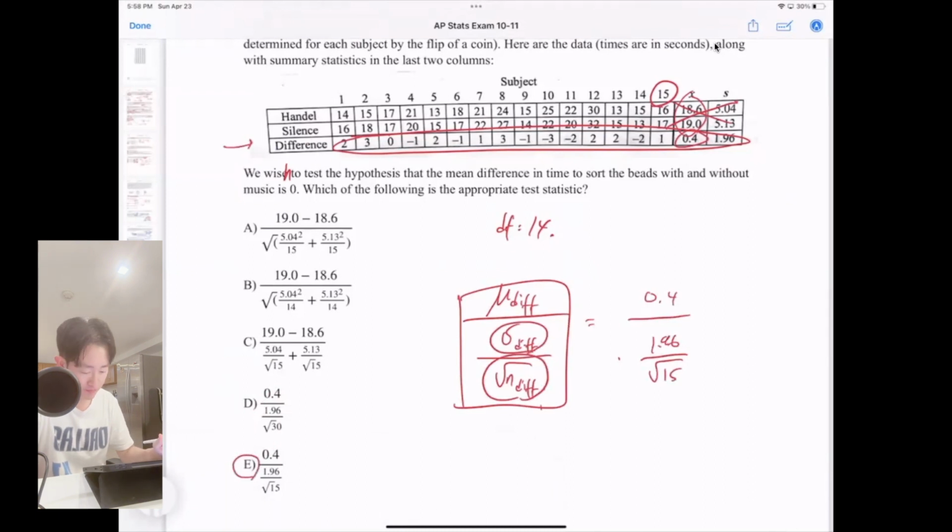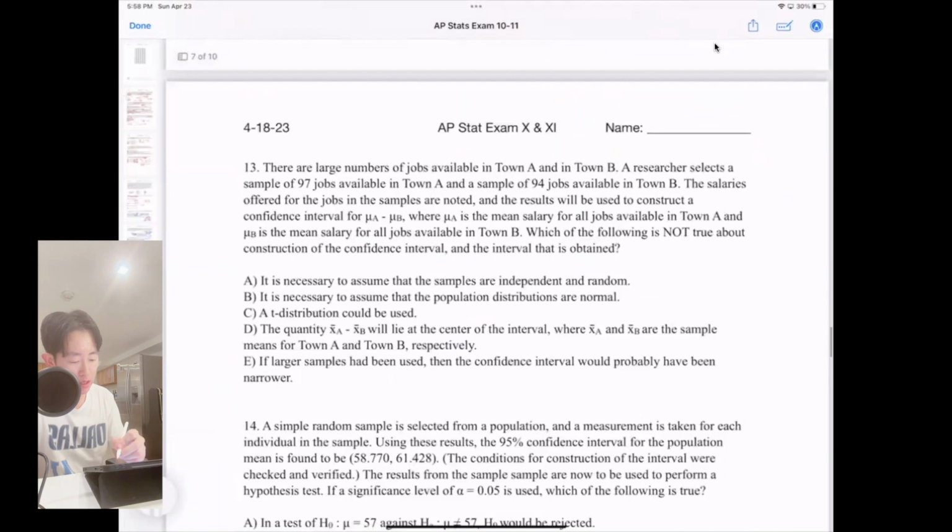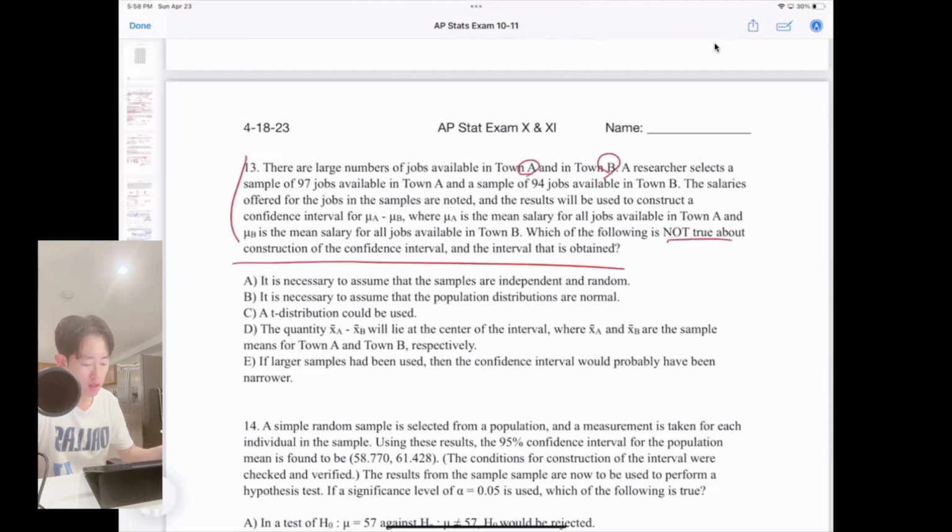Just that simple. Number 13, there are a large number of jobs available in towns A and B, and which of the following is not true about the construction of the confidence interval? It says it's necessary to assume that the samples are independent and random. It is necessary to assume that the population distribution is normal.